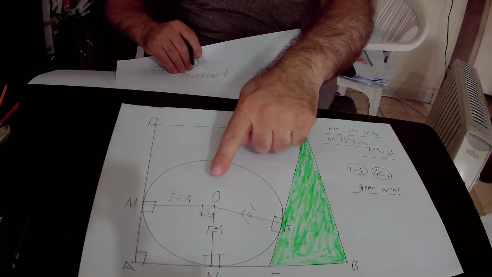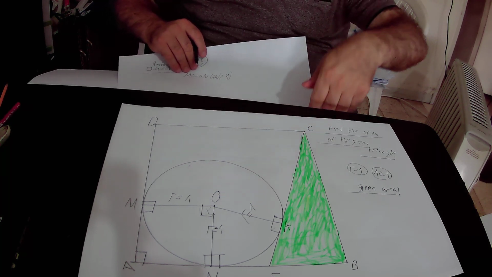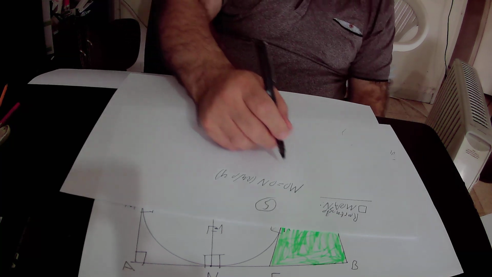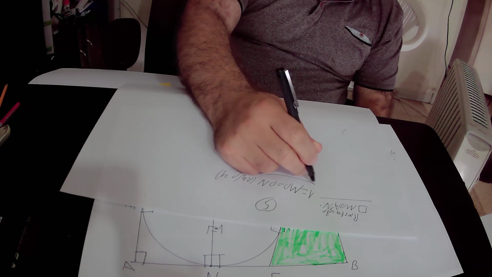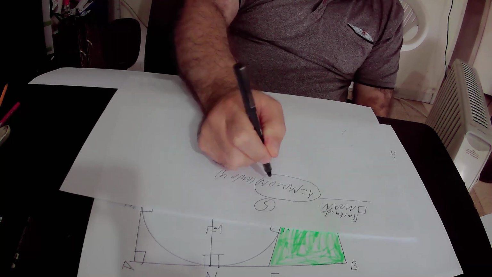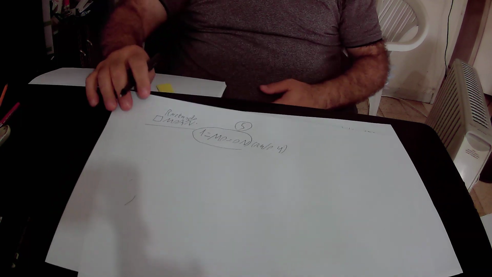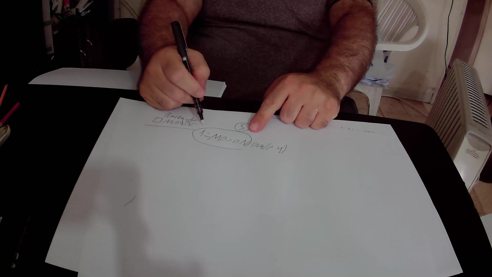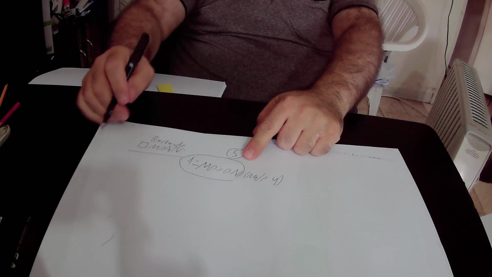But we know that MO equals 1 unit according to what is given in the question. So from this equality, we conclude that NO also equals 1 unit.